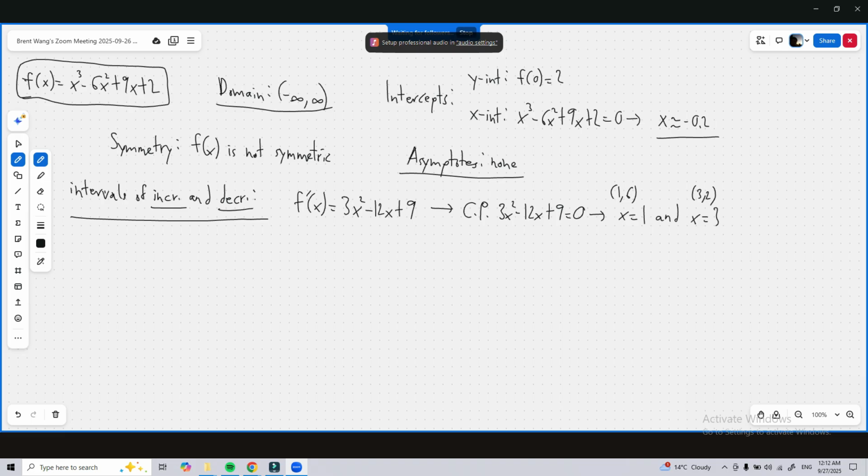Okay, so basically, let's observe the function f prime x. Roughly looks something like this.